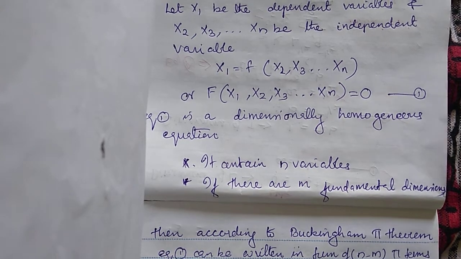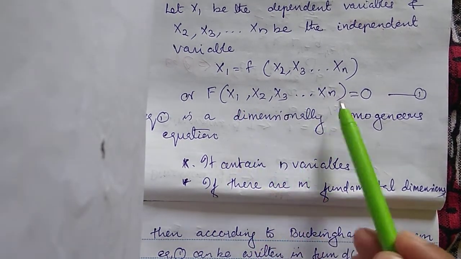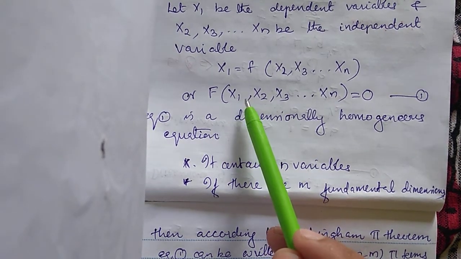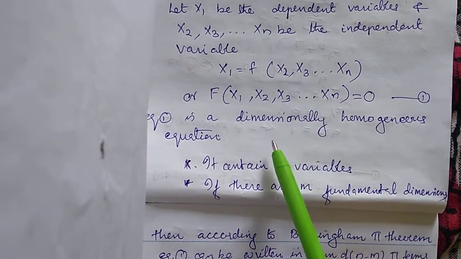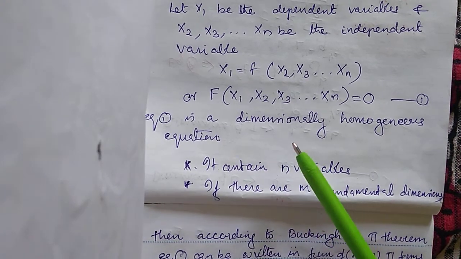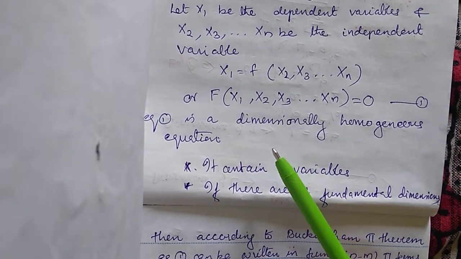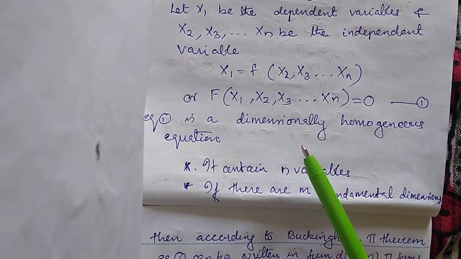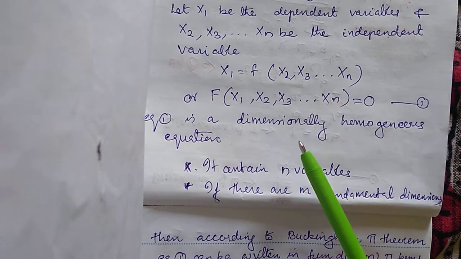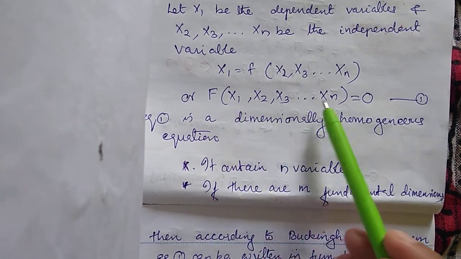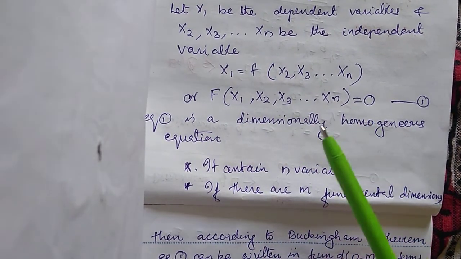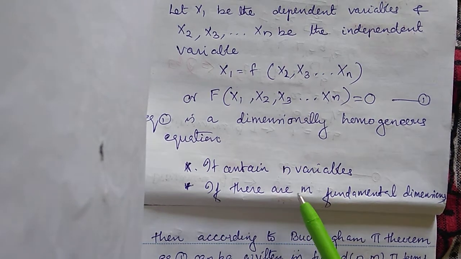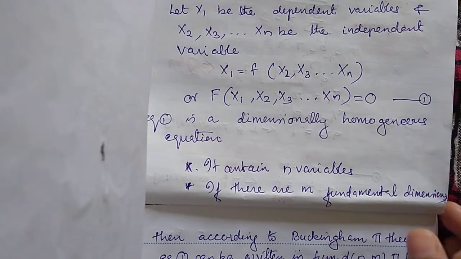So let us check the dimensions of these variables. First we have to write down the dimensions of each variable and see how many fundamental dimensions are used. Maximum we can use MLT, meaning a maximum of 3 fundamental dimensions. If any one of these dimensions is missing in all these variables, it may reduce to 2 or 1. So generally in most problems we have m equal to 3.